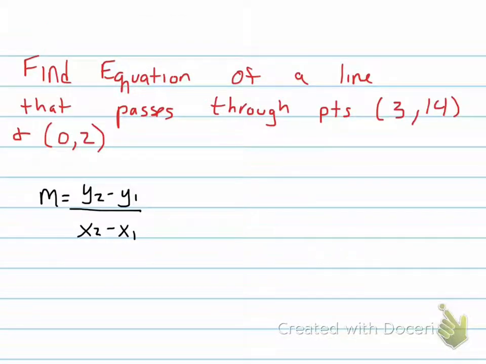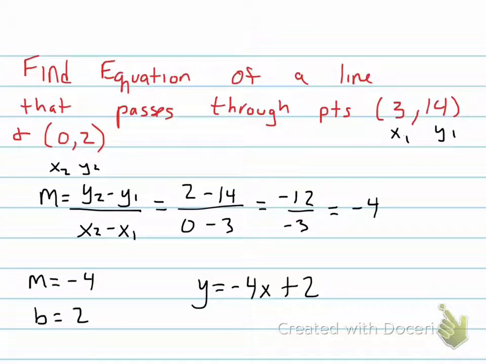So you guys try. Find the equation of a line that passes through points (3, 14) and (0, 2). I'll pause here. So here is the work to get your answer. I solve m by using my slope formula, and I get b.